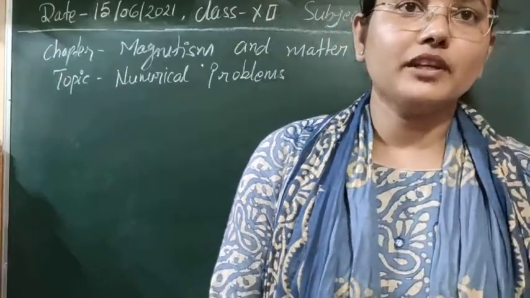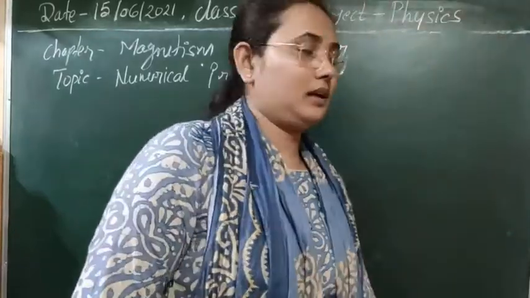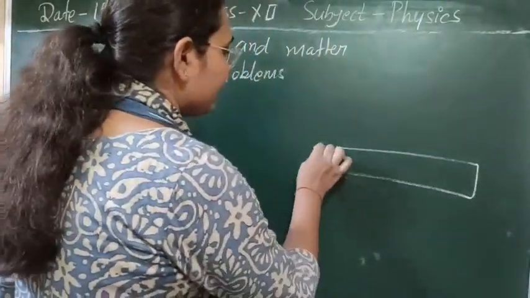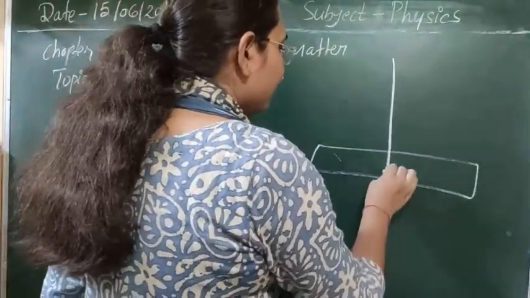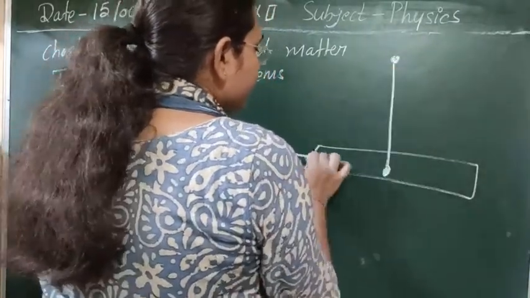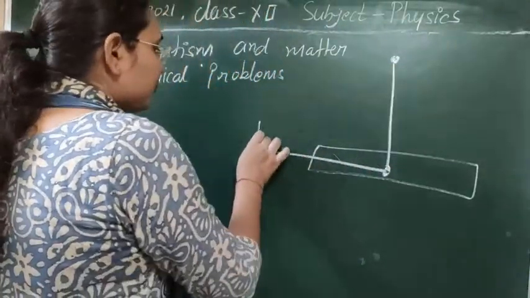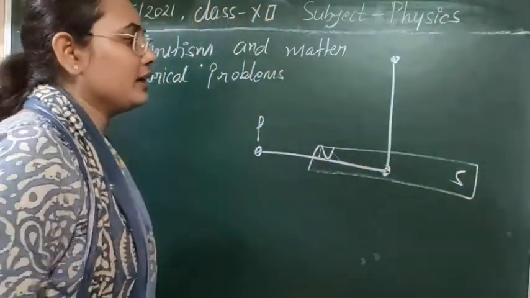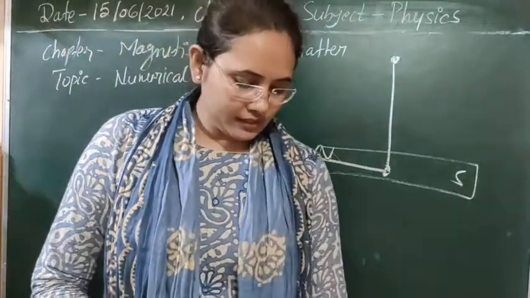So now let's solve the numerical problem that is just written. Here, as I just told you, we have a condition for which we have to find the position of the null point whenever we change the position of this bar magnet by rotating it 180 degrees. So let's solve it.